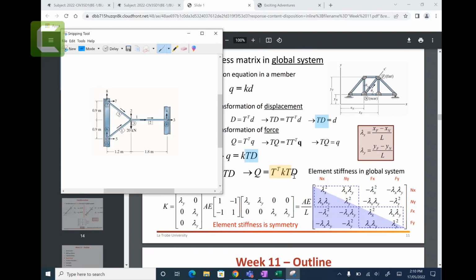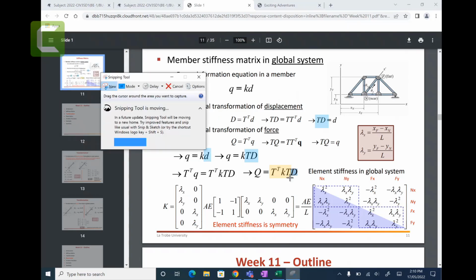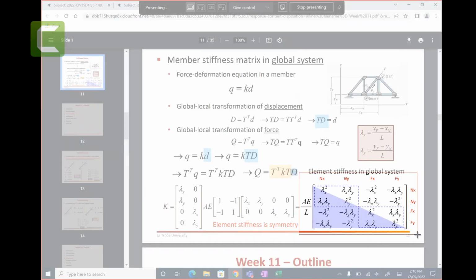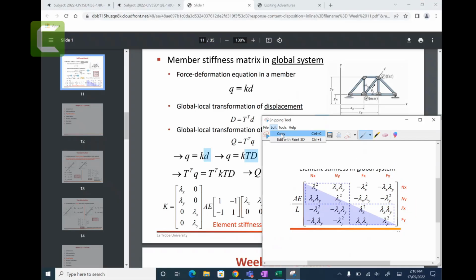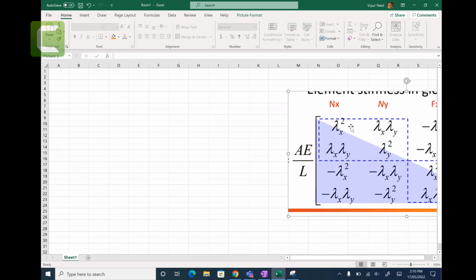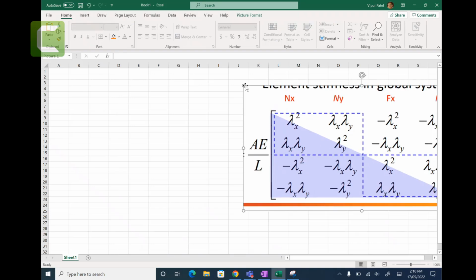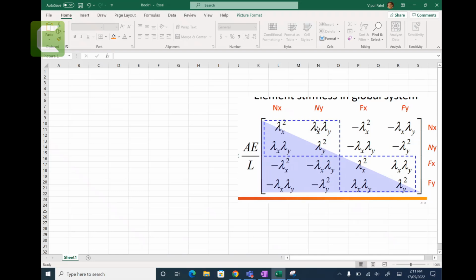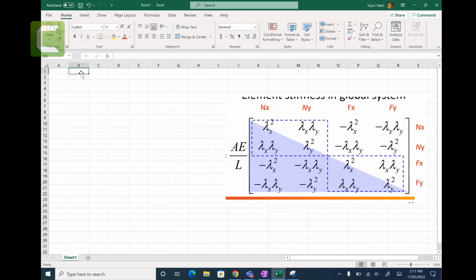Let's do the Excel first. Let's see what input we need. Let's put input here.